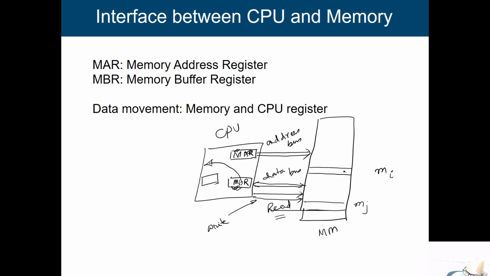It will indicate that whatever we have in the MBR, write into the memory location specified by the address in MAR. So, this is the way we perform our memory write operation, that means we are storing information in the memory from the processor. That is why MAR and MBR are always treated as interfacing registers.